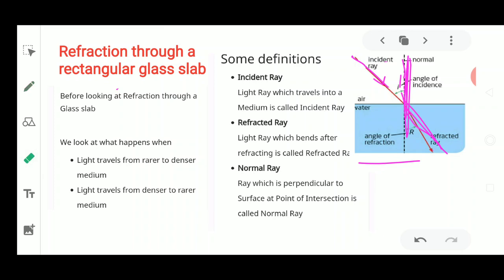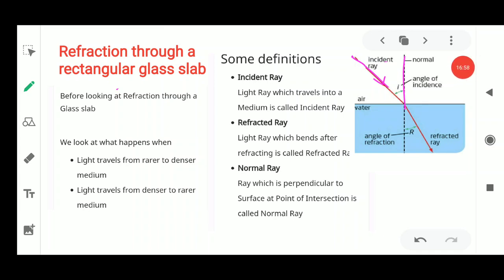We draw this perpendicular to the glass slab, or water, or whatever other medium it is. So the normal will be perpendicular to the surface where the intersection of the refracted and the incident ray is taking place.